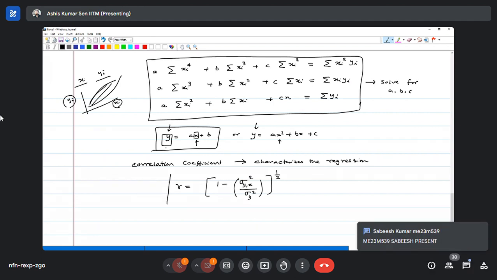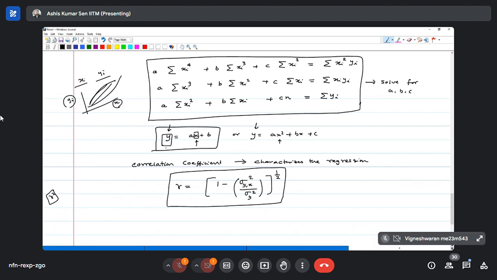Okay, so this is the definition of R. If you have done some curve fitting in Excel, you must have found what is called the R square value for a curve fitting. So R square is basically the square of this correlation coefficient R, and it is estimated as 1 minus sigma yx square divided by sigma y square.